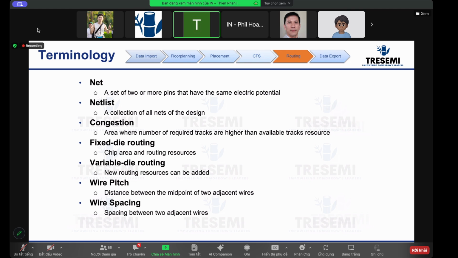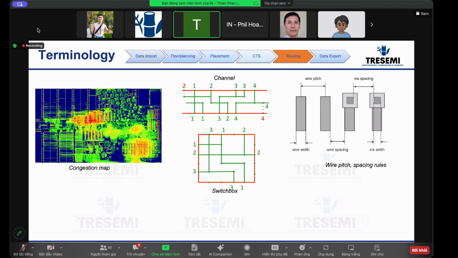I think you have some pictures here. Okay, so these are some of the terminology that we talked about on the previous slide. As you can see here, this is what I call a congestion map. It's color coded. Whenever you see red, that means it's high congestion.